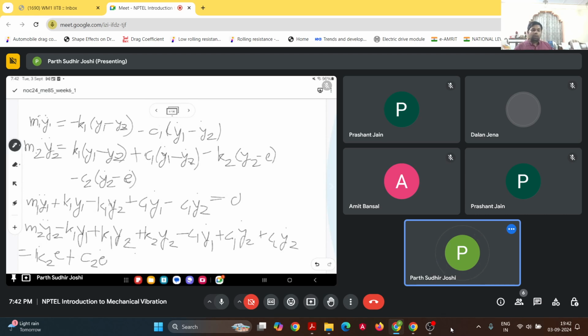One thing is that in this concept of multi-degree of freedom systems, there is a lot of algebra, and there will be a lot of equations and terms here and there. So we have to be careful that we don't miss out anything. Now we have these two differential equations, so we can write them in matrix form.